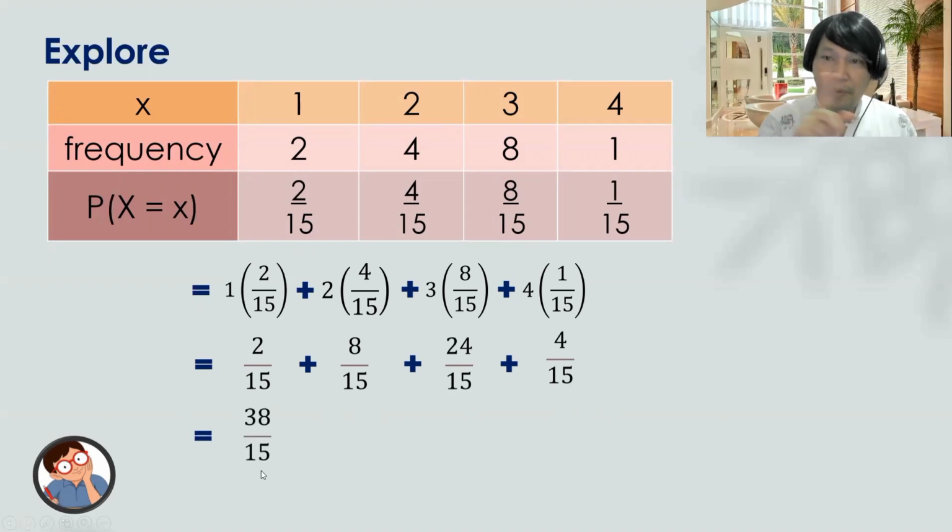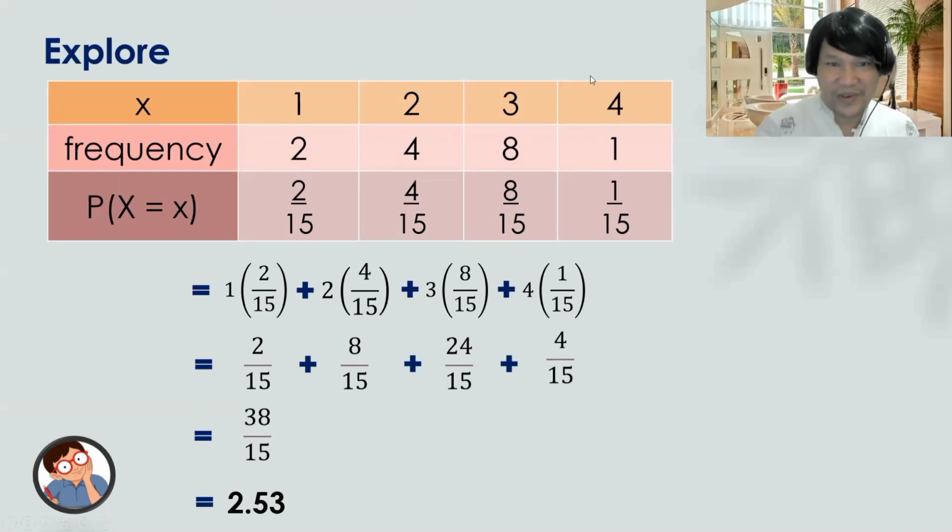Remember, in our previous manner of finding the average, we arrived at 38 over 15, wherein our average is 2.53. In the same manner, we arrive at the average of the given distribution, but this time we find the average of the given discrete probability distribution.